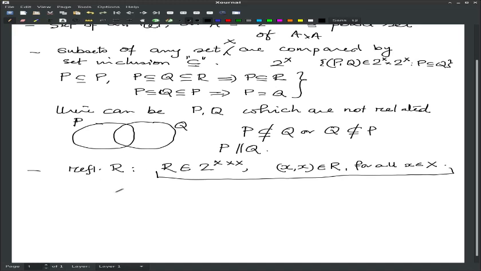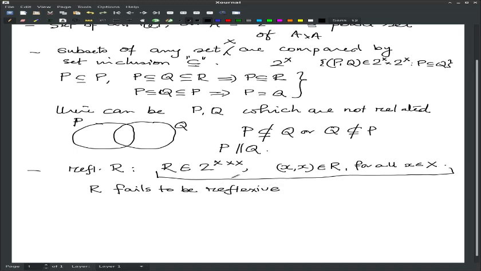Now, if something doesn't satisfy this property, how can it fail to satisfy this property? Well, sometimes it is a problem of excess, sometimes it is a problem of too little. Here it is a problem of too little. That means R fails to be reflexive. What does it mean?